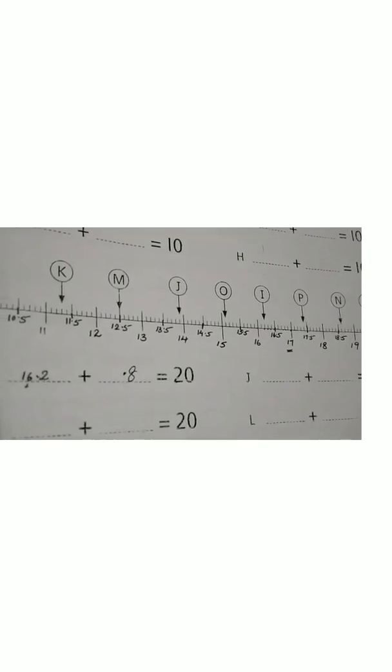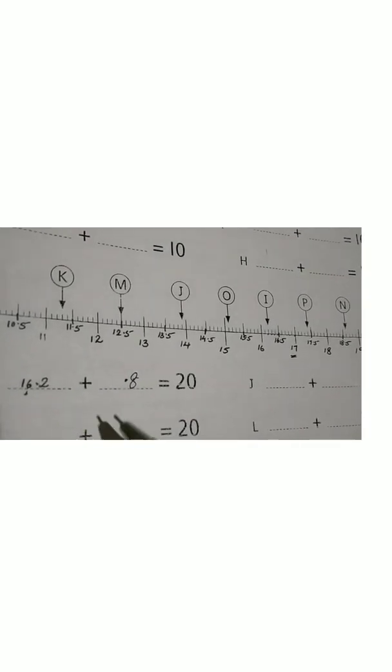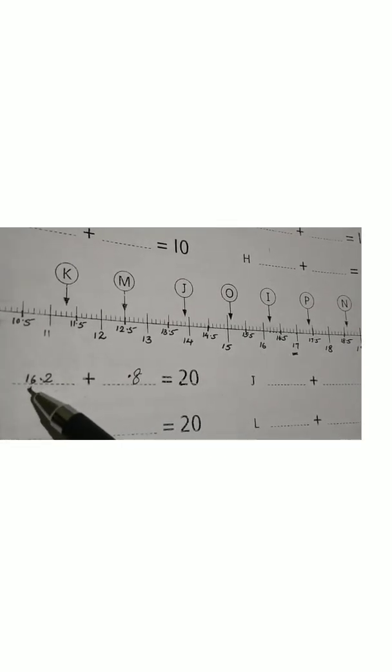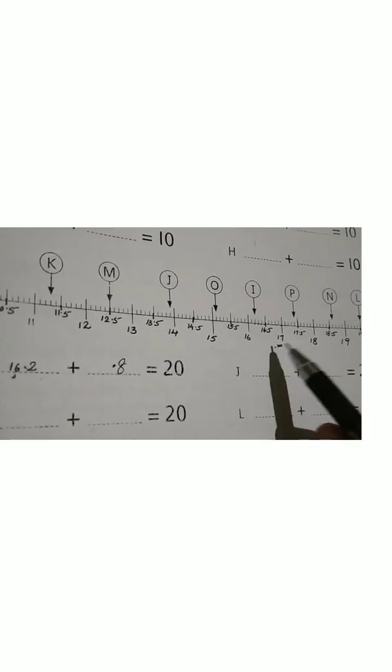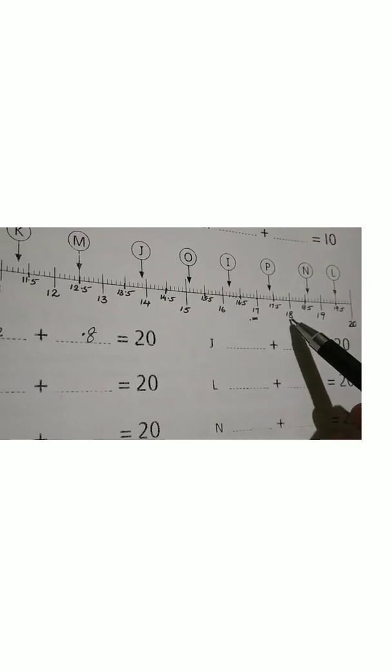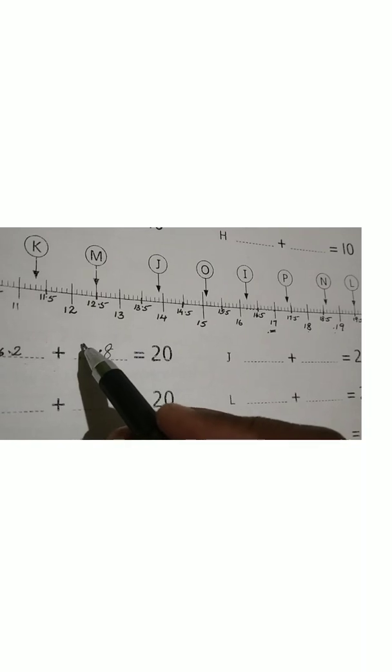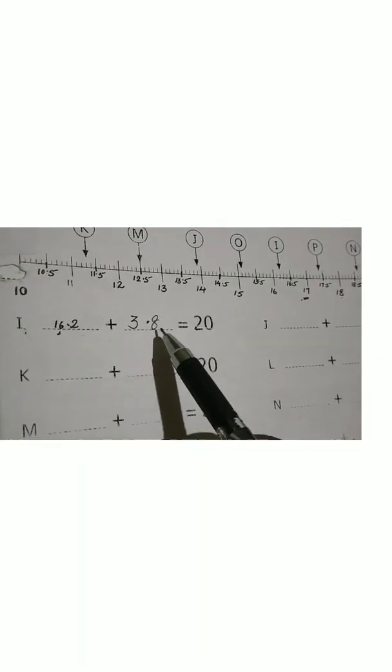Then 0.8. Now we got 0.2 plus 0.8 is equal to 1.0. Now we got 17. Then 18, 19, 20. That is 3 we need to add. So 3.8.